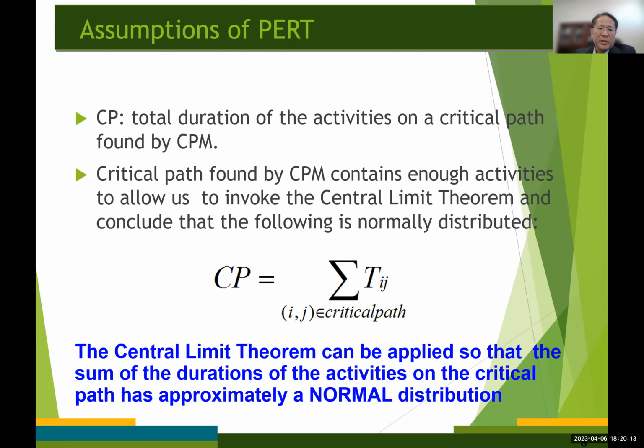So in other words, the central limit theorem can be applied so that the sum of the durations of the activities on the critical path approximately follows a normal distribution. Okay. So with these assumptions, we could answer the questions concerning the probability that the project will be completed by a given deadline, given date.